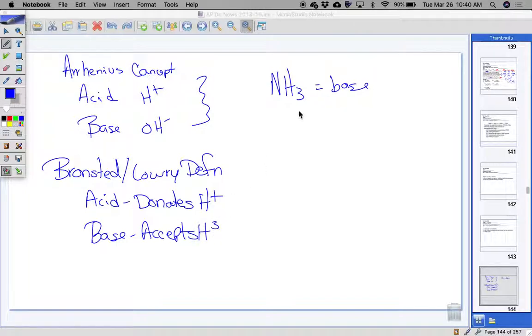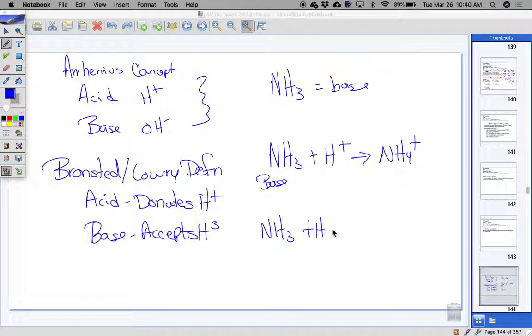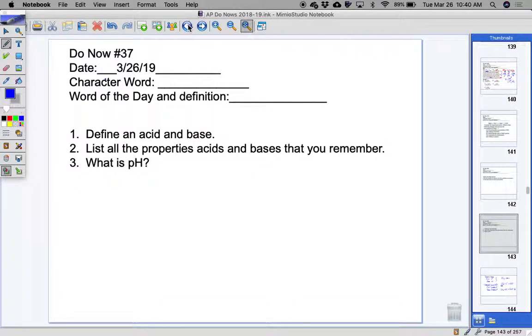So with the ammonia, if I have an H plus sitting somewhere in solution, I can make NH4 plus. So this is functioning as a base, and if you see it this way... Well, let me just do H plus and just leave it at that.